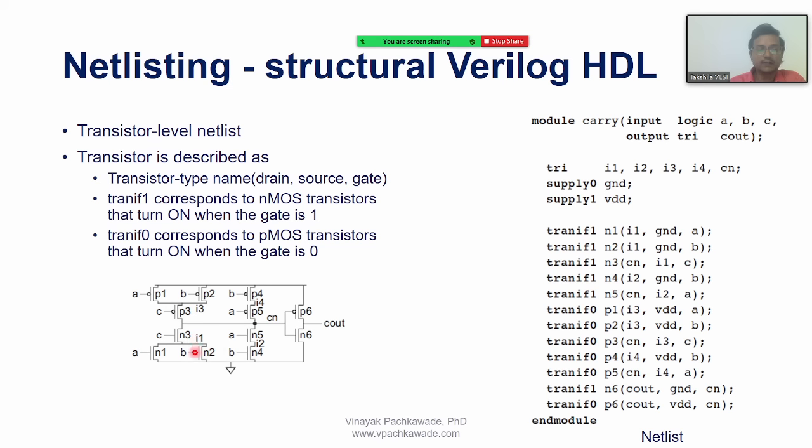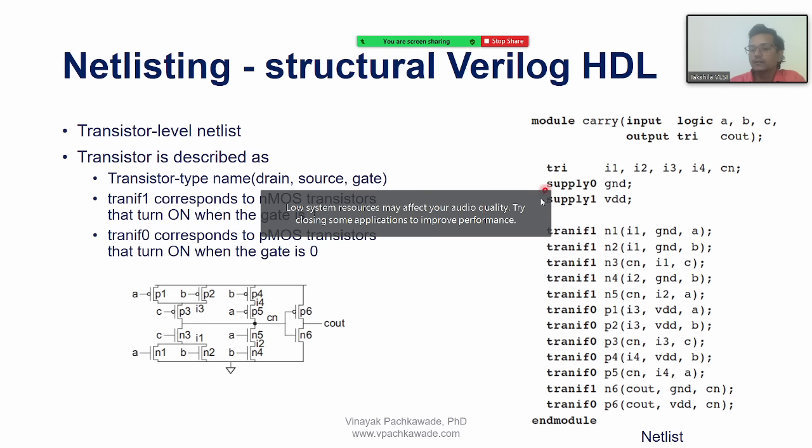I1, that's the node here. I1, I2 up to I4 and Cn, they are the nodes. Nodes means the points in the circuit, the points in the network where the voltage levels will switch between logic 0 and 1. Then we define the supply 0 and VDD right here.